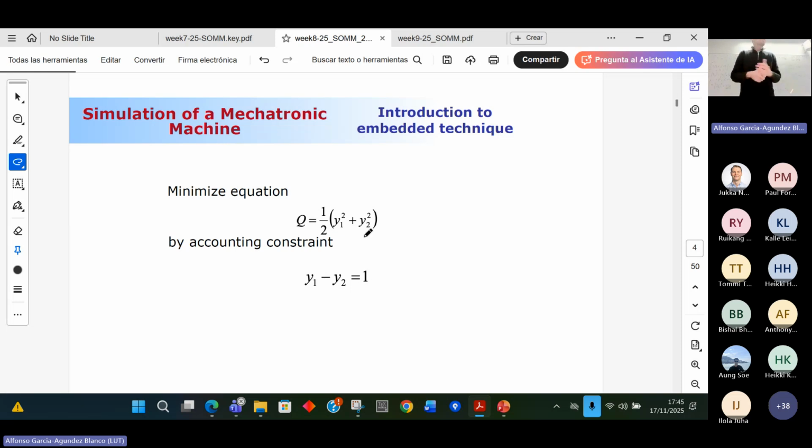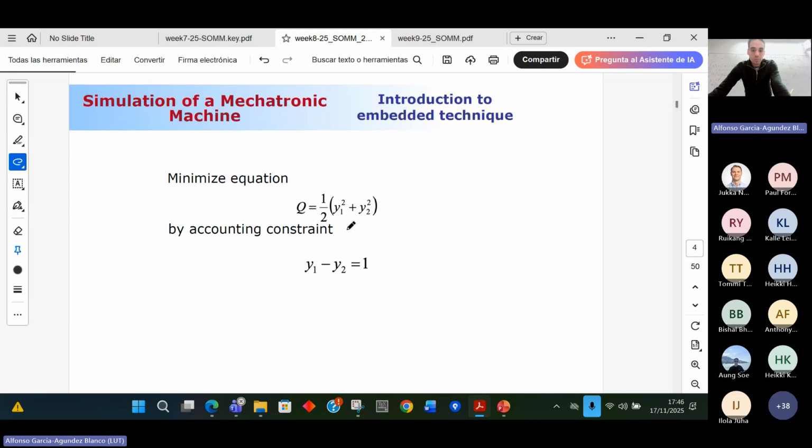Okay, so the idea is that we are going to rewrite this Q in terms of y1 only, using this constraint. Okay, so basically you agree with me that since y1 minus y2 is equal to 1, I can write here this y2 as 1 plus y1, no? I can use basically the constraint inside here, okay?